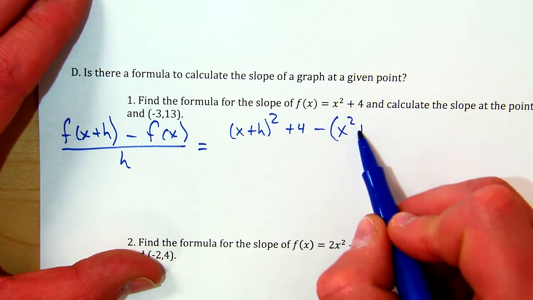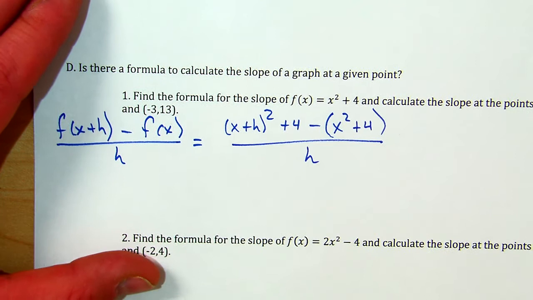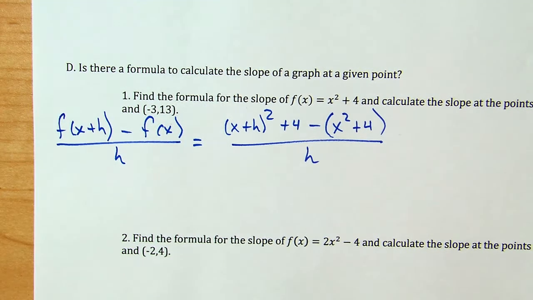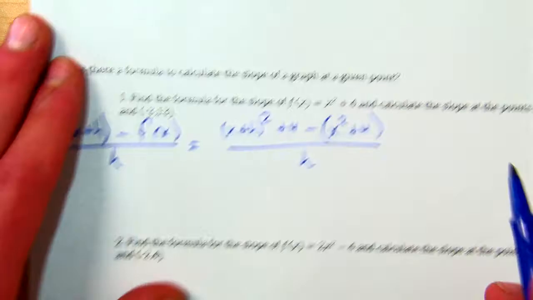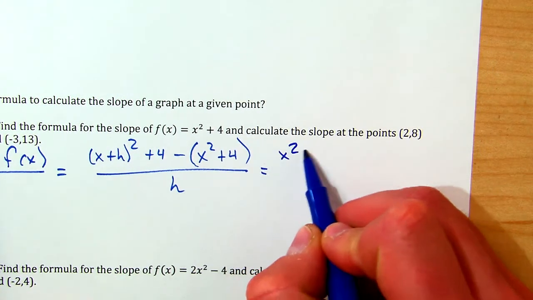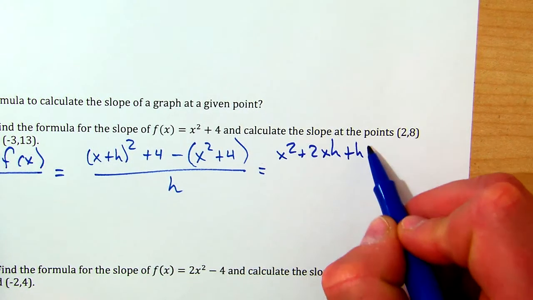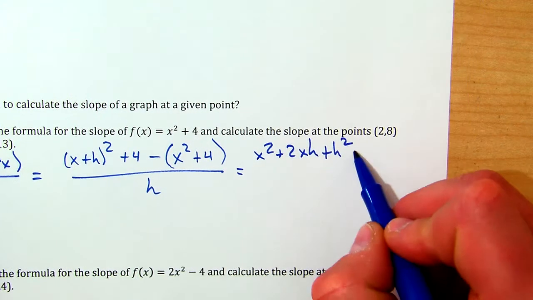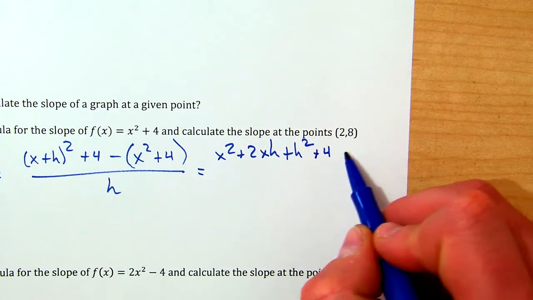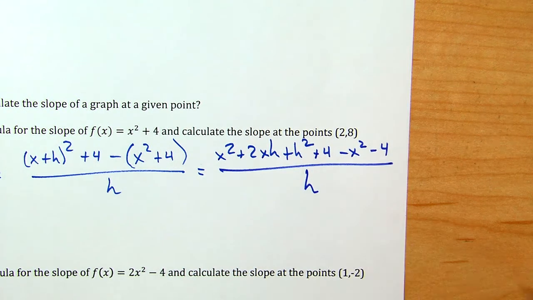plus 4, over h. Right now I still can't plug in 0, so what I need to do is simplify all of this. First I'm going to FOIL. I have x squared plus 2xh plus h squared, then I have plus 4, then I have minus x squared minus 4, over h.